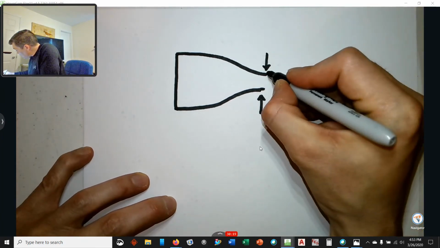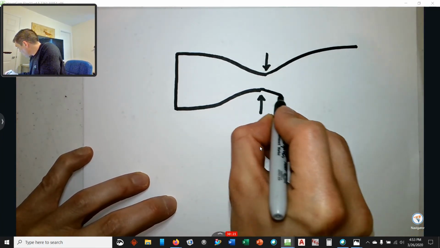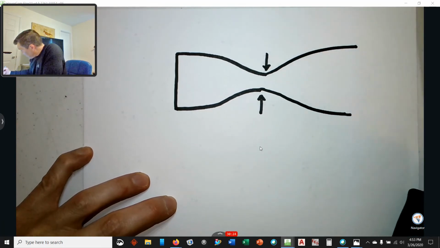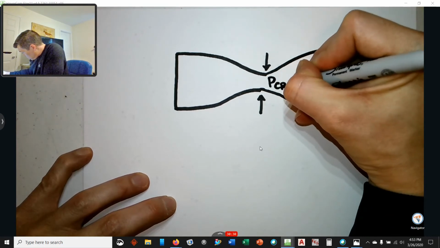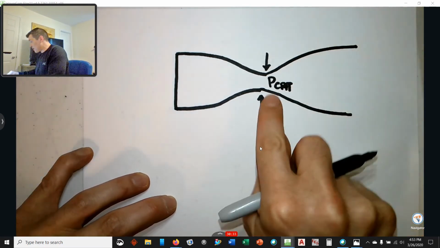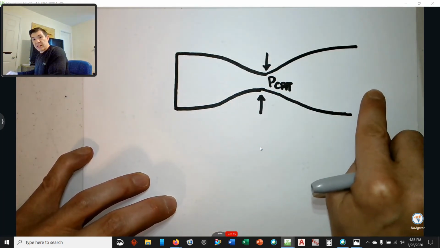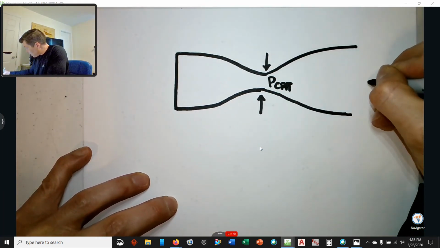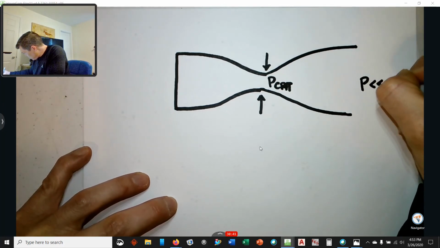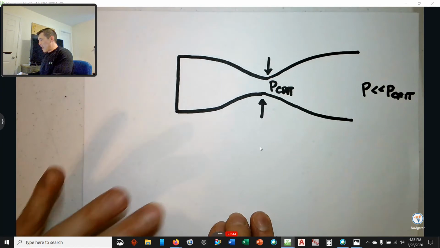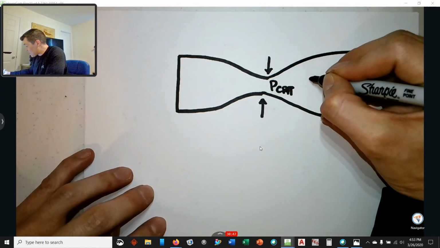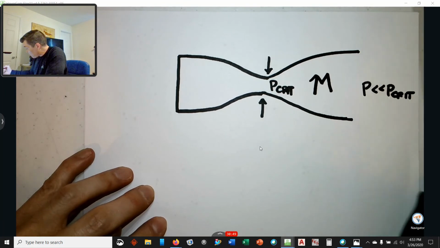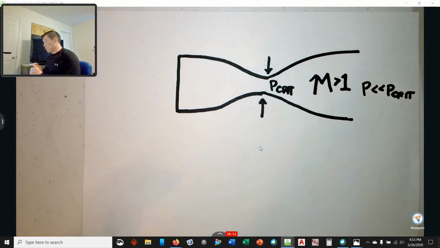So what we need to do is have a diverging section where, if this is P crit, the critical pressure, we can keep lowering the pressure out here and then start exceeding the speed of sound. We call this Mach greater than 1. If the speed is greater than the critical velocity, then we've exceeded the speed of sound.